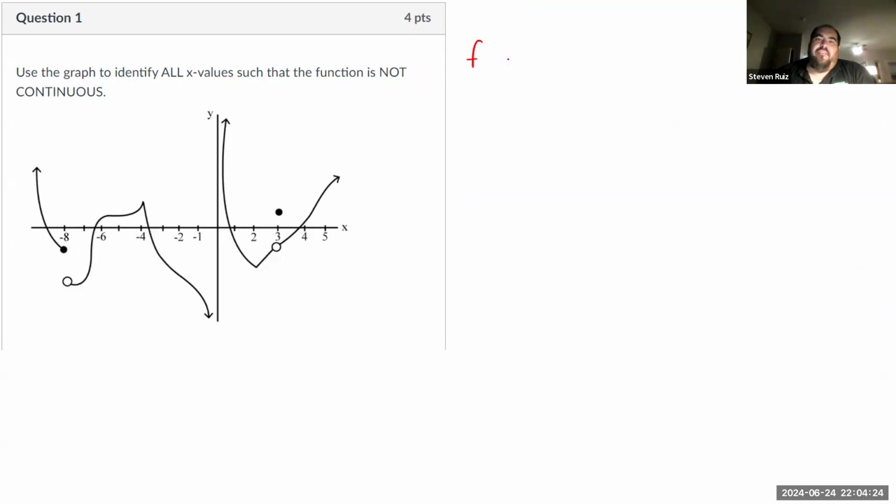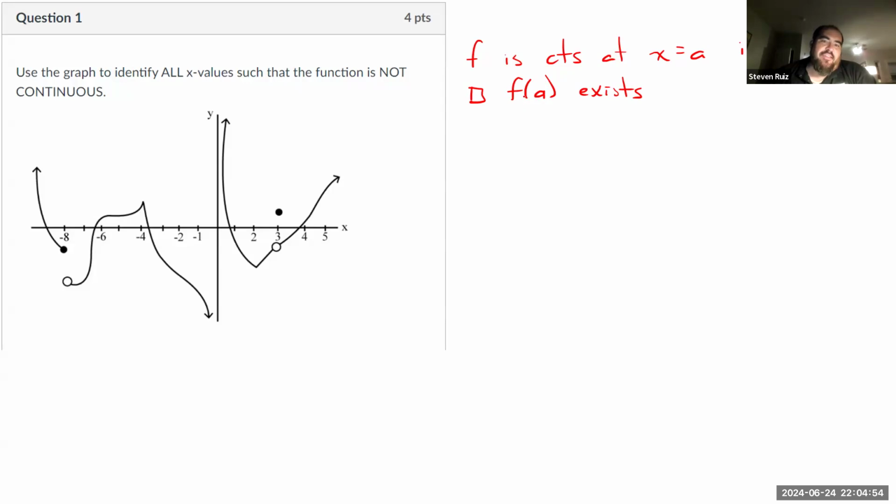So f is continuous at x equals a if what? f of a exists. Let's just start there. Are there any points on this graph that are not in the domain of this function?